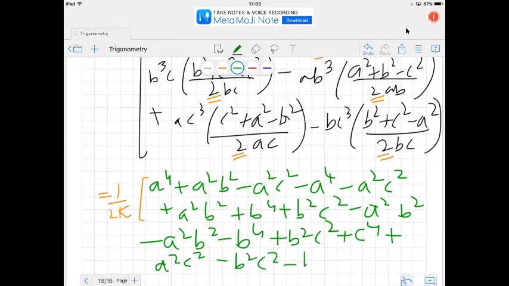So you will get actually many terms here because I'm expanding every bracket. I'm opening up all the brackets. ठीक है, so बहुत सारे terms आएंगे यहाँ पे.